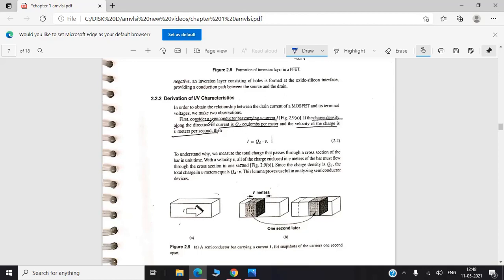Charge density times velocity. So the current depends on the velocity of the electrons and the charge density of the electrons. If you write it in equation form, it will be I equals QD into V. Okay, next.